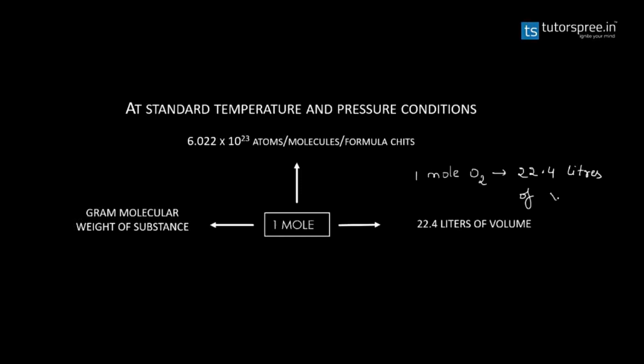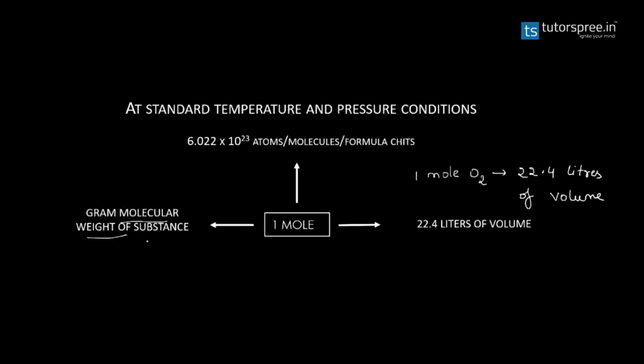The same way, 1 mole of any substance is equal to the gram molecular weight of the substance. What is a gram molecular weight? Gram molecular weight is nothing but the molecular weight of the substance taken in grams.